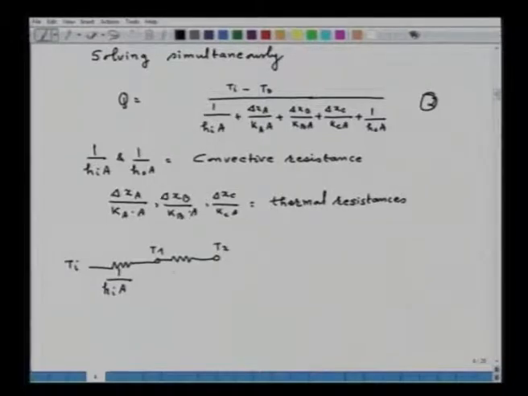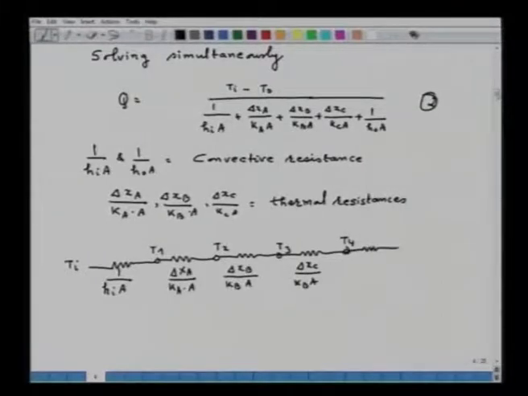This temperature is T2 because of the resistance delta Xa upon Ka into A. Similarly, the third temperature is T3, with resistance delta Xb upon Kb into A. Now, the fourth wall has temperature T4 and the resistance is delta Xc upon Kc into A, and ultimately we have a temperature T0, and this is the resistance represented by 1 upon H0 into A. So, all the resistances are in series, and they can be added to get equation number 2 as we represent.